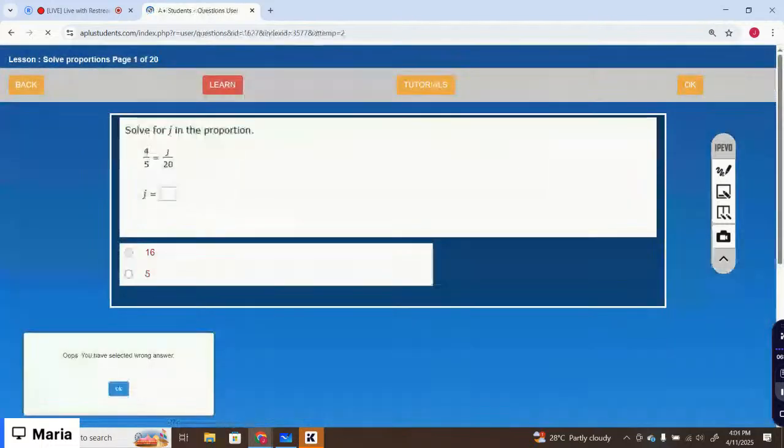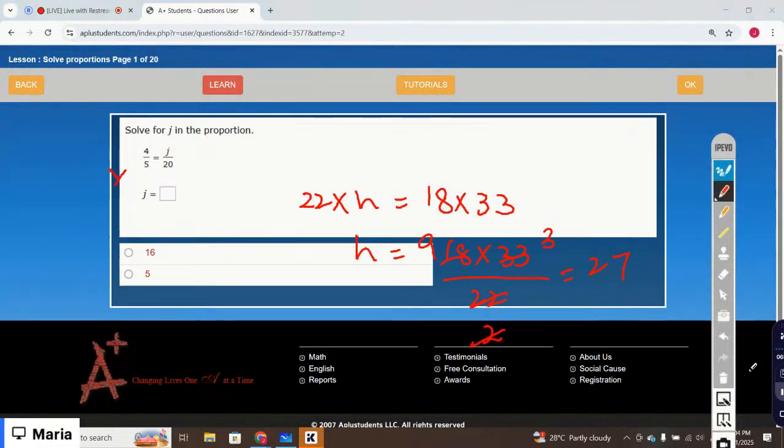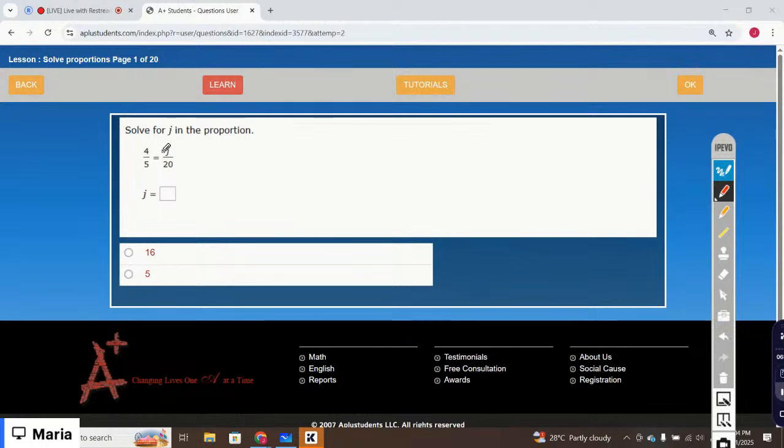Let's just start with the test questions. Solve for j in the proportion. 4 by 5 equals j over 20. That is 4 times 20 and j times 5.